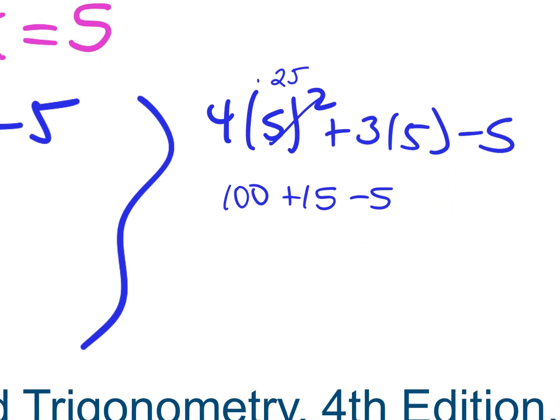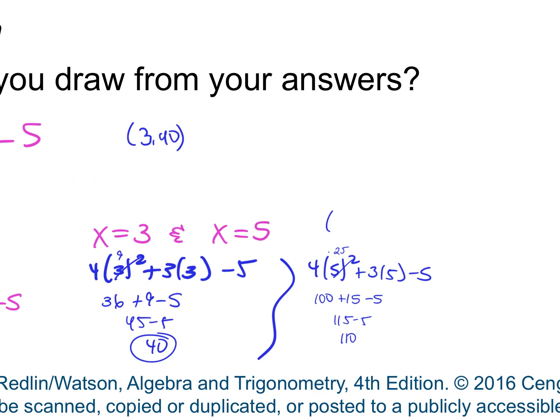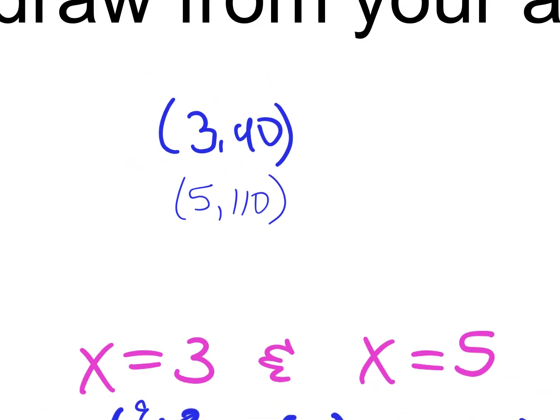So what's 100 minus 15? Sorry, I have no idea why I said that. What's 100 plus 15? 115 minus 5 is 110. So when I plug in 5, I got 110.